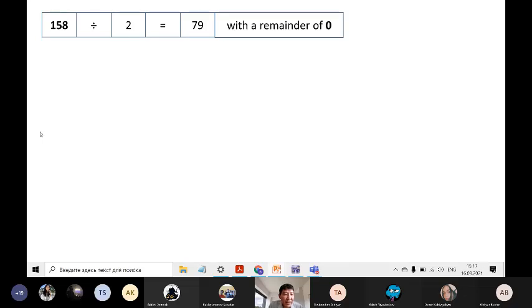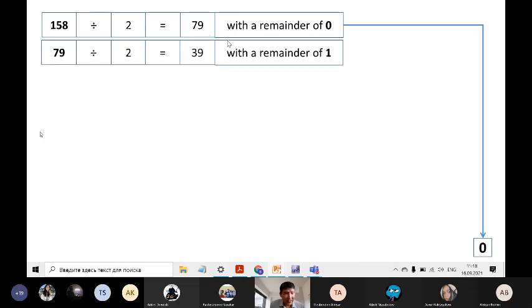First you will divide this number 158 by 2, and it will be 79, right? So the remainder is 0. This remainder 0 will be our first digit.